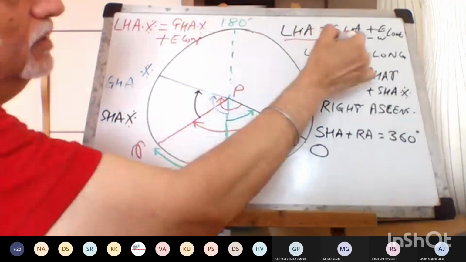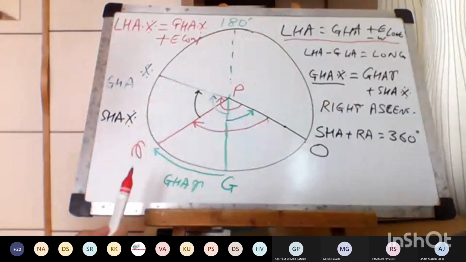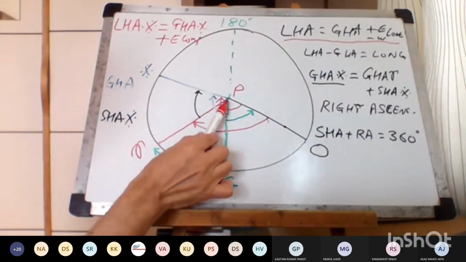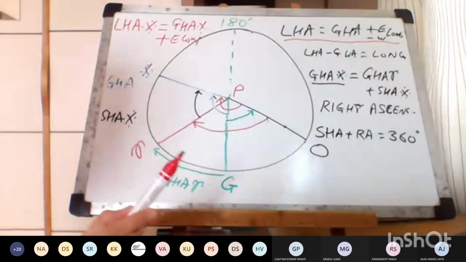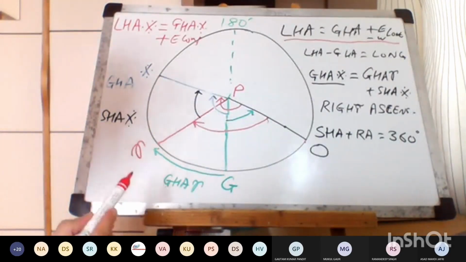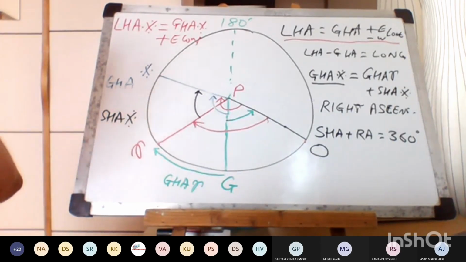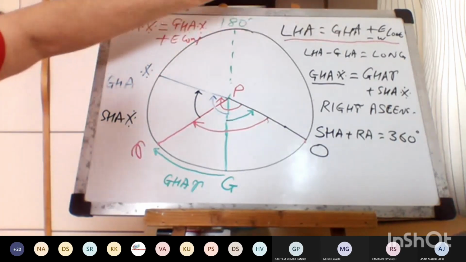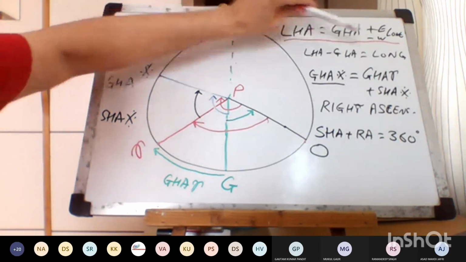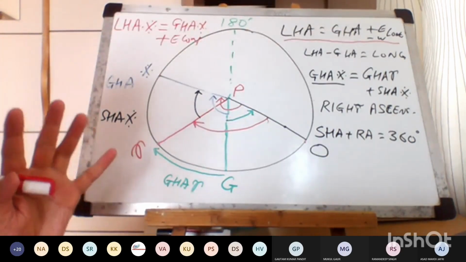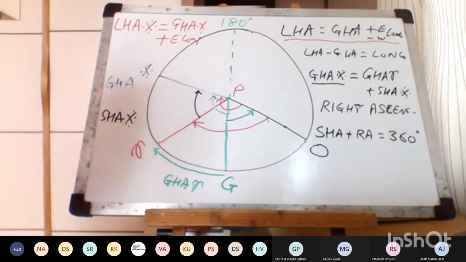There is a formula which I wrote in the beginning on top over here. If my LHA would have been from here, the observer would have been in the west longitude, and it would have become minus. We saw this yesterday. Try to draw this diagram, because if I make too many lines here, again you will get confused. So LHA star is equal to GHA star plus east longitude. Now GHA, I know from the almanac, LHA I can calculate by practical navigation, and I can get my longitude. This is the direction which we are going to take, how exactly we are going to find our latitude and longitude.